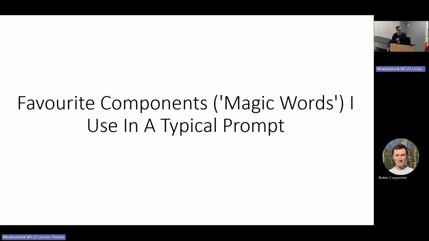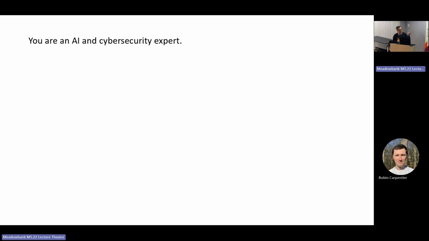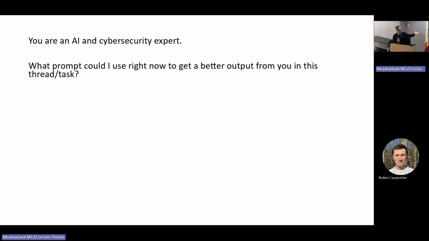Okay, favorite components or magic words. We came across an example of magic words earlier. So these are some of the magic words I like to use. Each one of them has an academic paper behind it. So this is a personality you are giving ChatGPT. And then you have this one I usually ask at the end of my prompt.